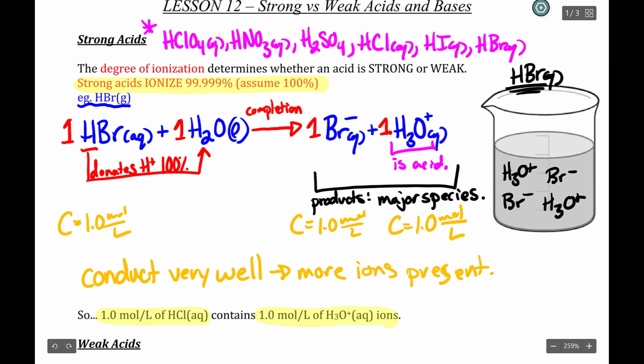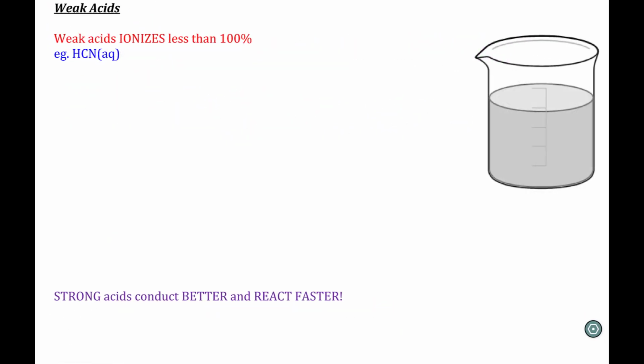So something like a 1 molar concentration of HBr would be a very good conductor of electricity. The definition of a weak acid is an acid that ionizes less than 100%.